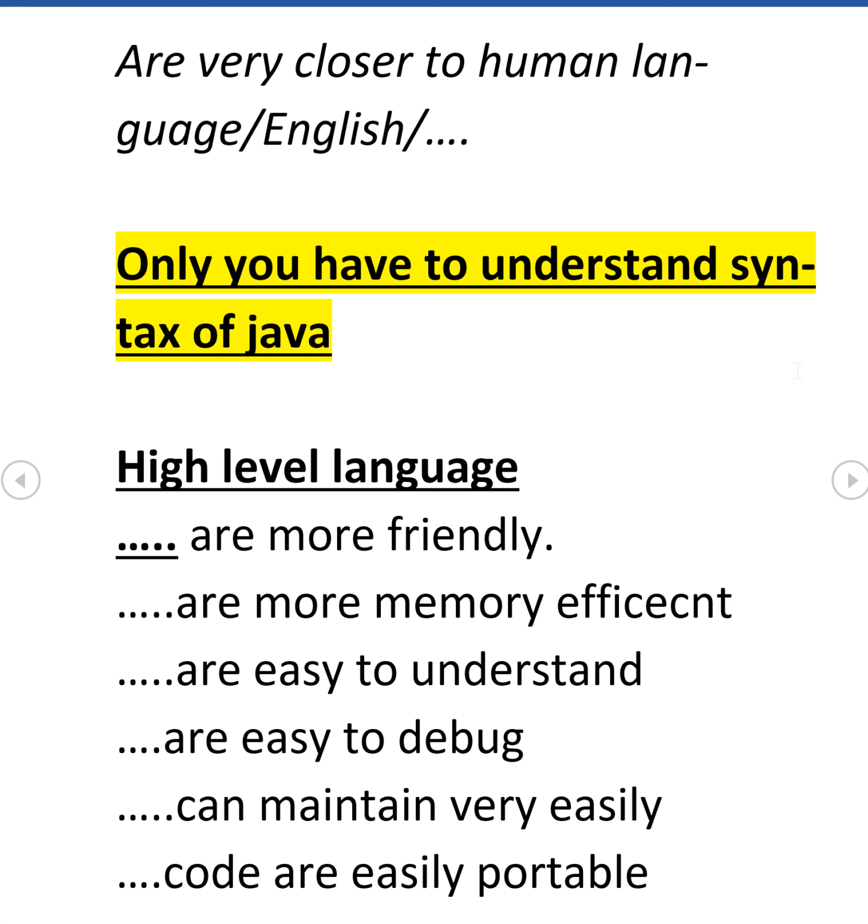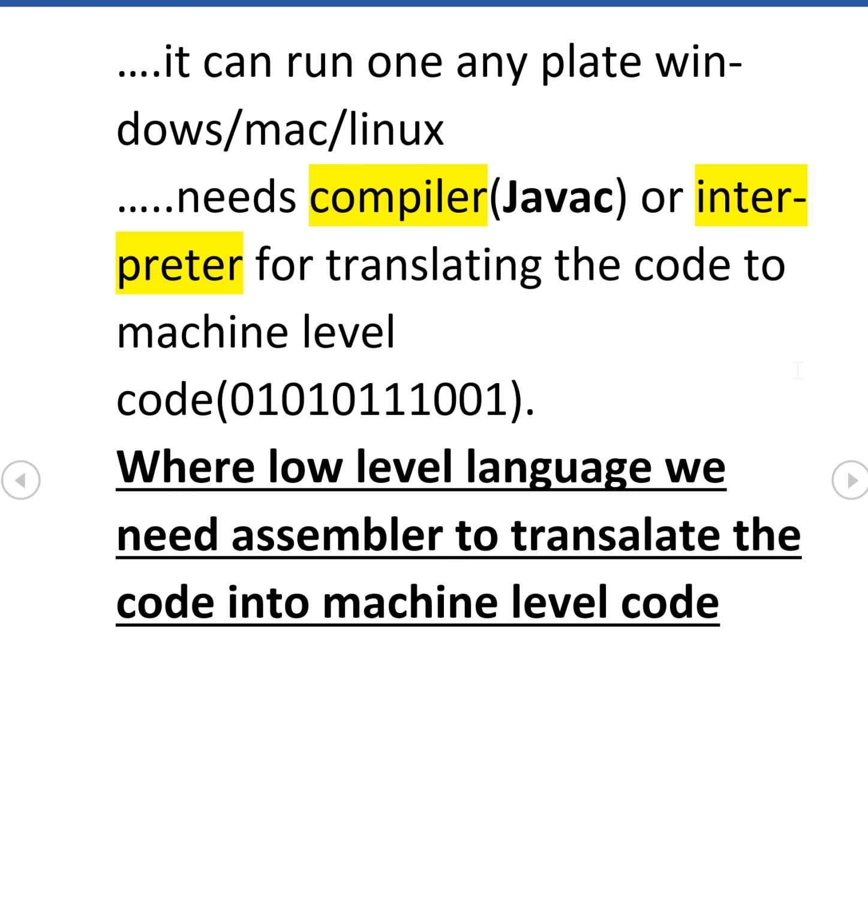High level languages are more friendly, more memory efficient, easy to understand, easy to debug, can be maintained very easily, and the code is easily portable. You can port the code from one place to another, and it can run on any other platform like Mac, Windows, Linux and others. So there is no need for another tool to convert code from one platform to another.